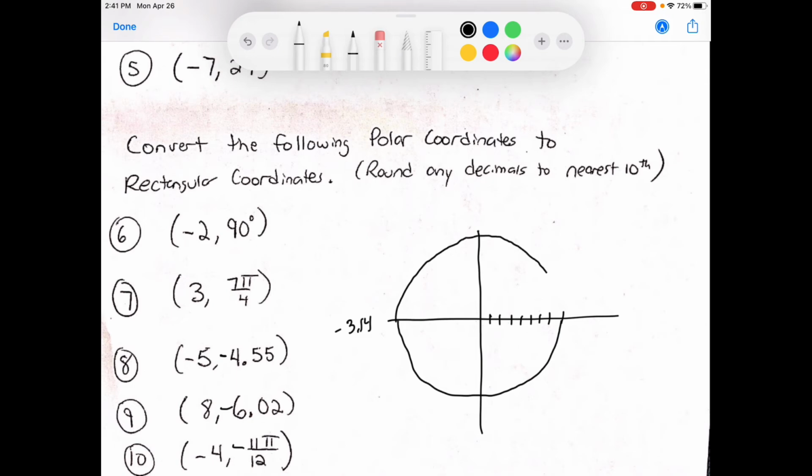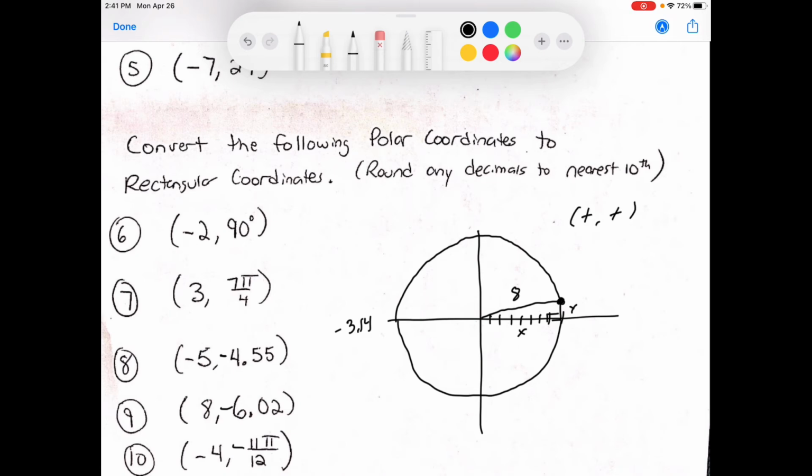So I'm going to be a little short of that. Okay. So we make our right triangle. Our radius is 8. If we figure out what our x is and our y is, we know our answer is going to be a positive, positive.